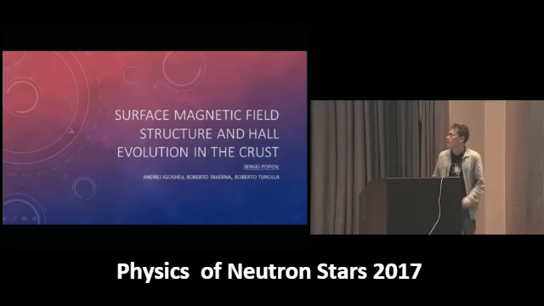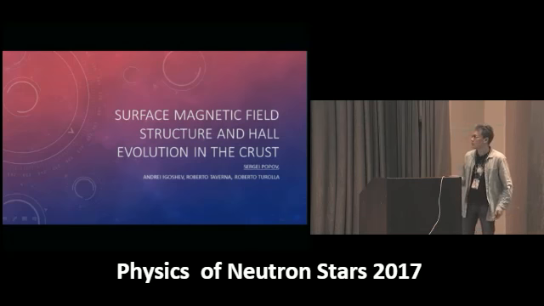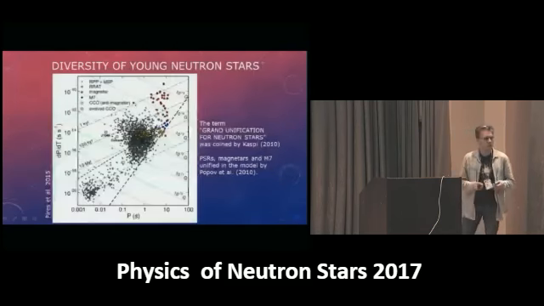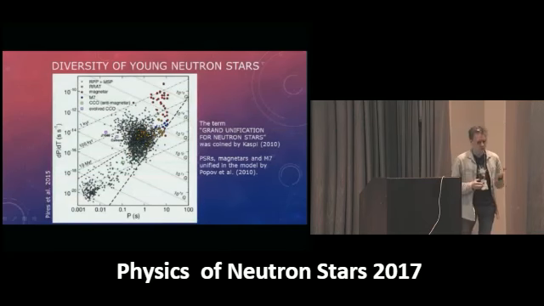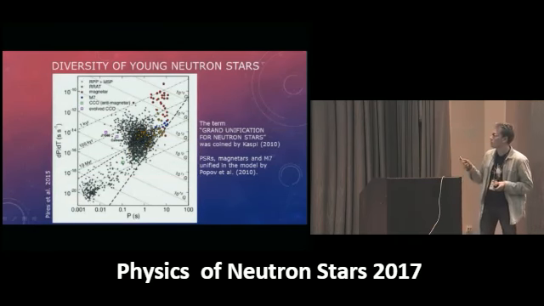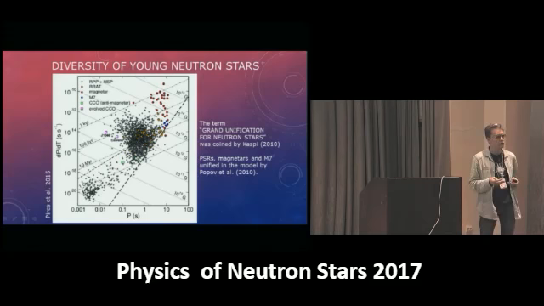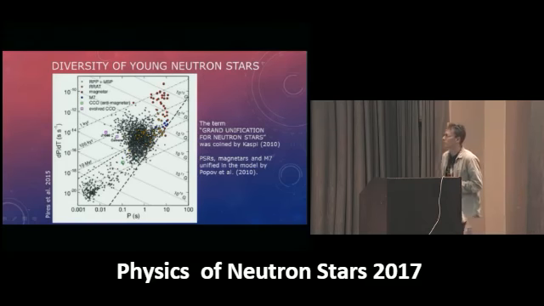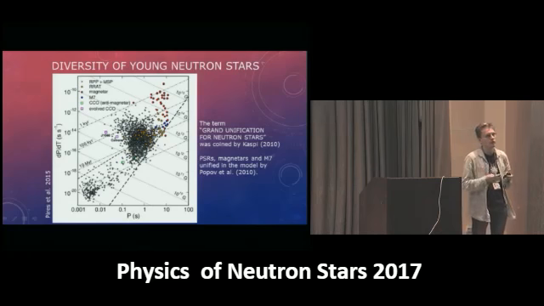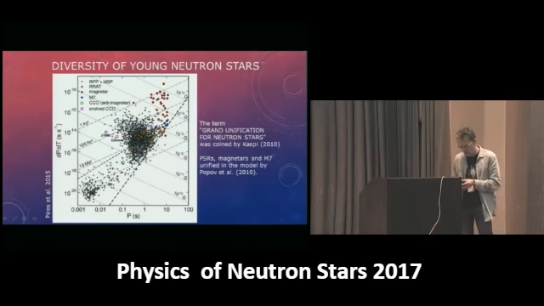Okay, good evening. So I'm going to speak a little bit about magnetic field evolution, magnetic field decay. On Thursday, you'll hear two talks by Sophie Harp and Pires about diversity of neutron stars and their evolution, so I will not stop on it, but definitely you already heard that there are many different types of young neutron stars, and it would be nice to merge them in one evolutional picture.